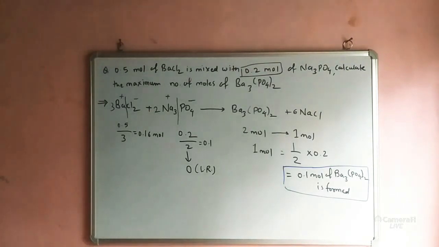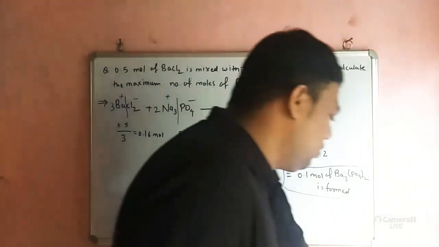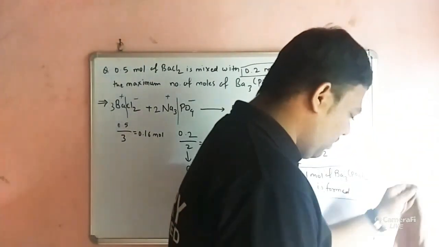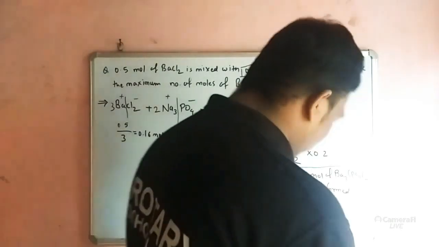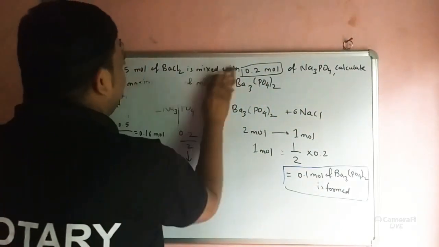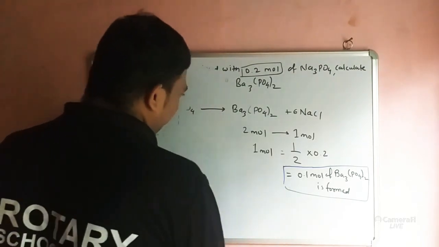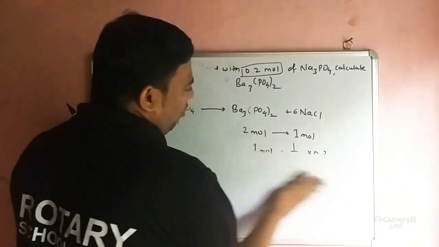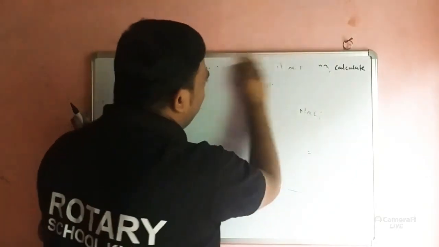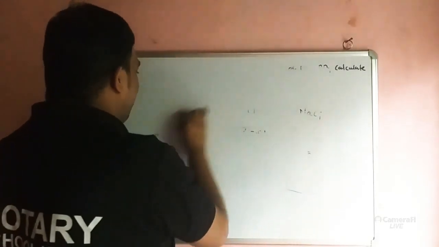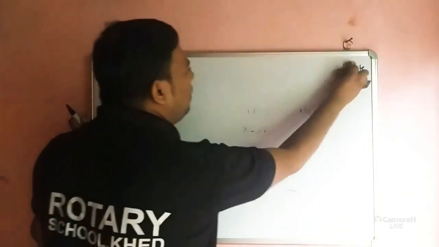We will start. I hope you wrote completely. So see here beta, we will clean this first. So pay attention. We will solve here one more numerical of our limiting reactant.